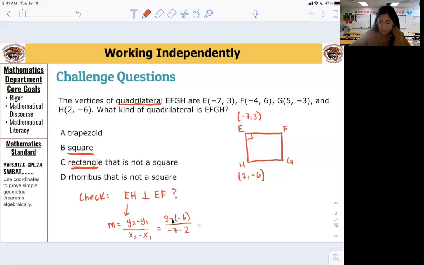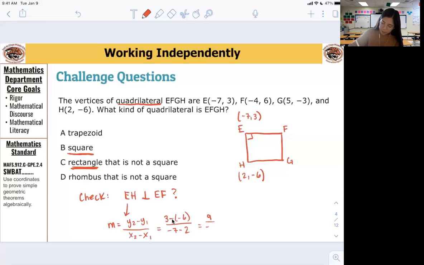So 3 plus 6 is 9. -7 minus 2 is what? That would be -7 plus 2... -9.